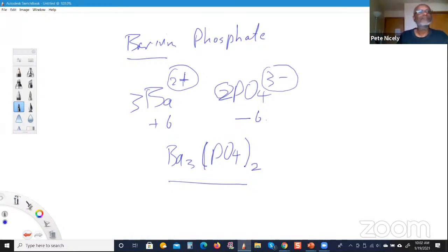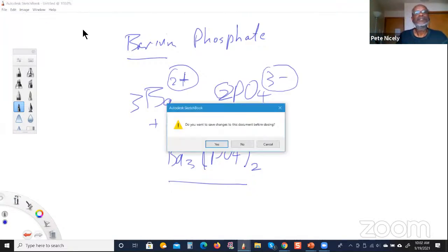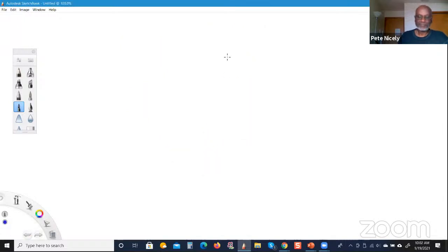Okay, here's another example. Okay, I'm going to do the opposite in this case. Suppose you're given this formula.